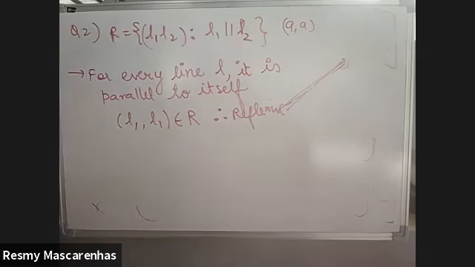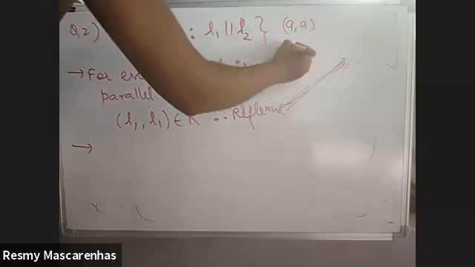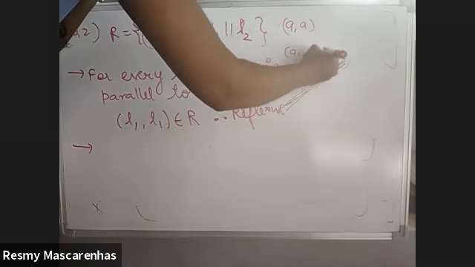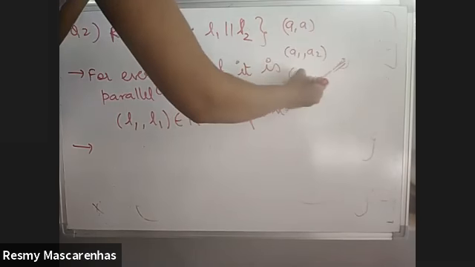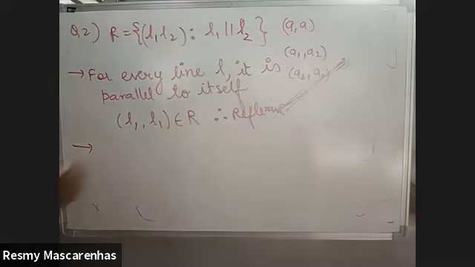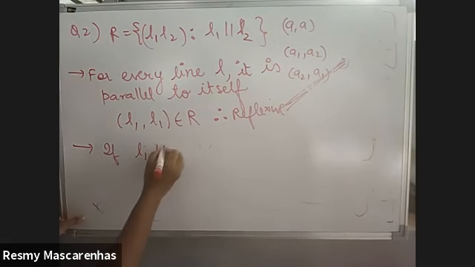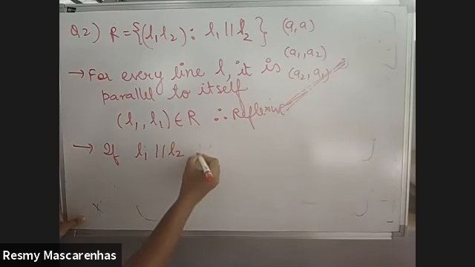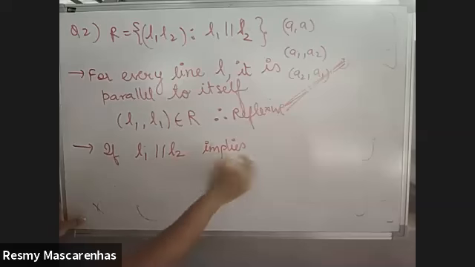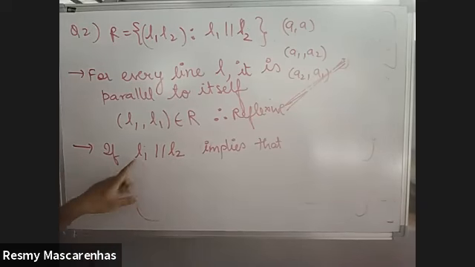Okay. Now the second one, you have to check for symmetry. What does symmetry say? A1 comma A2, then the reverse also should work. Means what? If L1 is parallel to L2, you can use this term now, this implies that I have to check the reverse also.